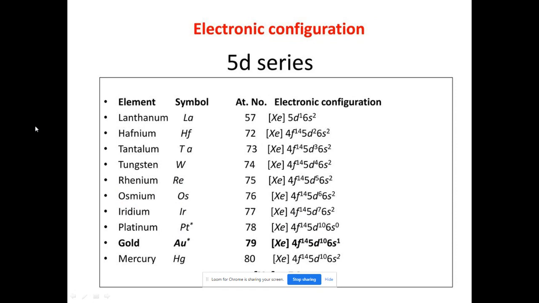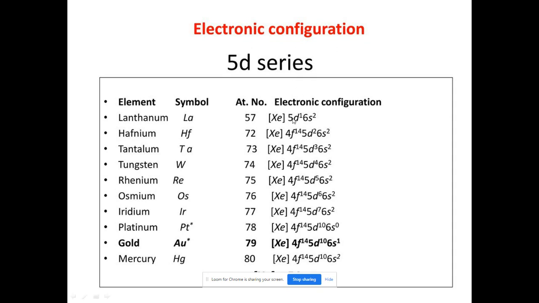Now let's look into the electronic configuration of the 5d series. The first element of the 5d series is lanthanum with the symbol La, in which the additional electron enters into the 5d subshell. See here, after lanthanum the next electron does not enter into the 5d subshell, but it starts entering into the 4f subshell as in cerium.